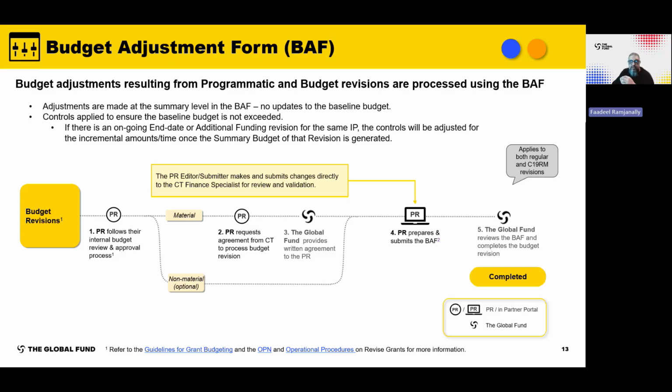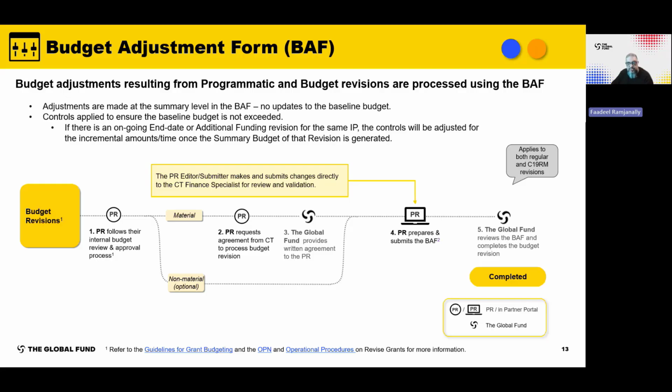Then, in both the material and non-material cases, when adjustments need to be made, you as PR will have to prepare the budget adjustment form, which will take the form of a summary budget with adjustment columns: plus for activities and interventions receiving the additional funds, and minus for the line items that will give out budget in favor of the new activities or interventions.